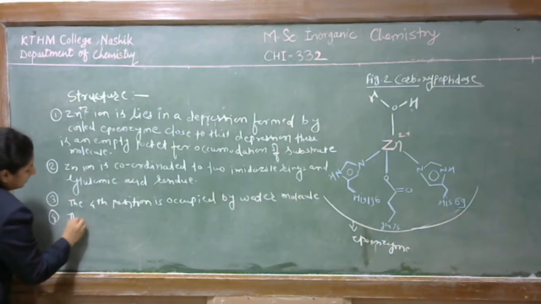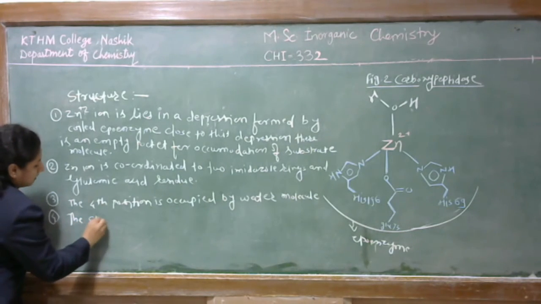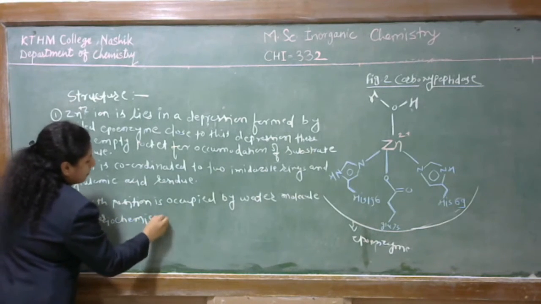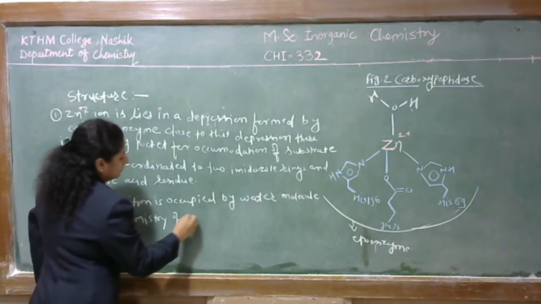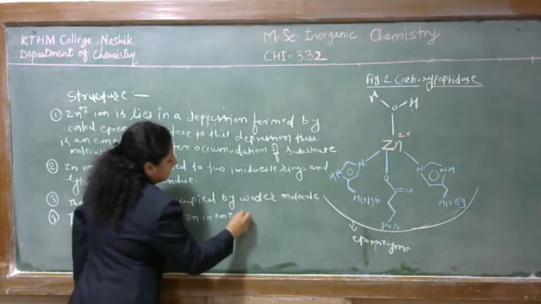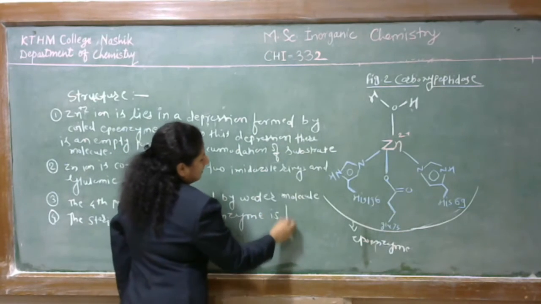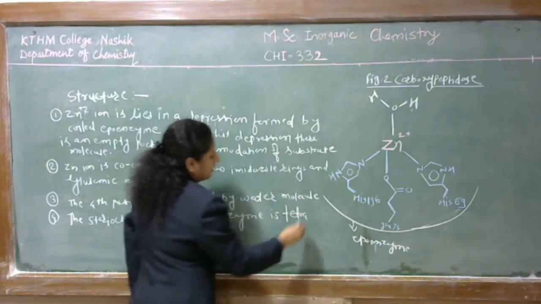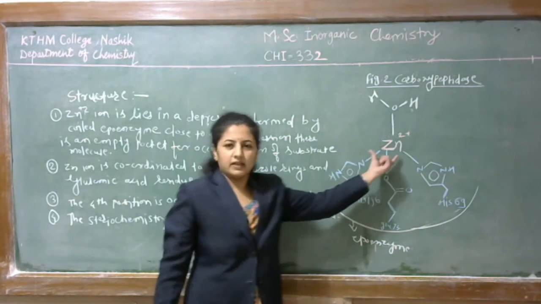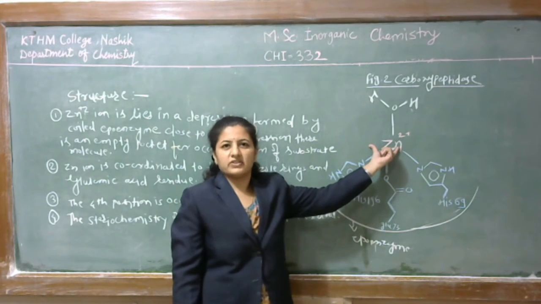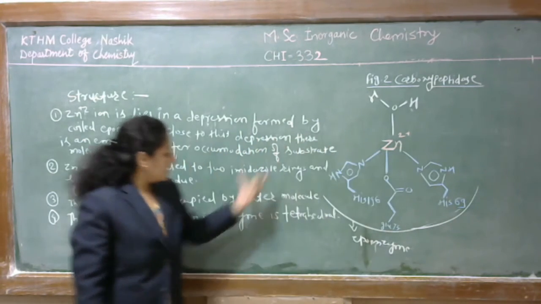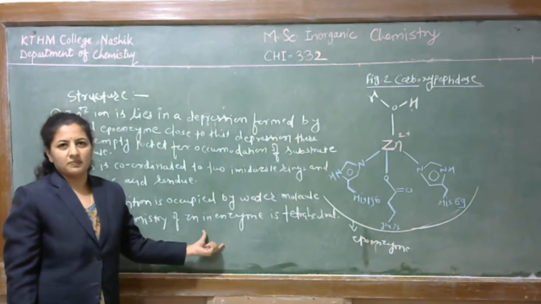The geometry of zinc in the enzyme is tetrahedral, where the zinc is in the +2 oxidation state, and that is the active site of this carboxypeptidase. So this is the structure of carboxypeptidase.